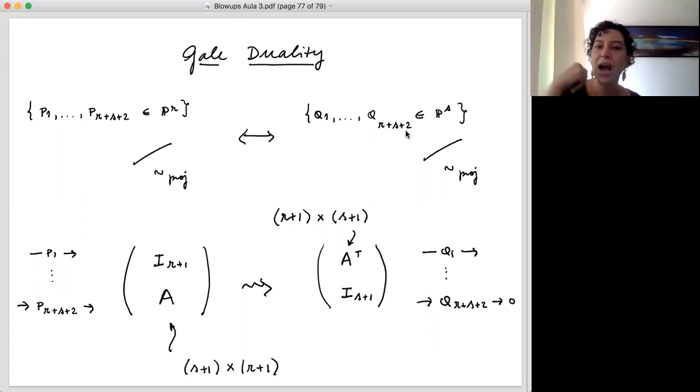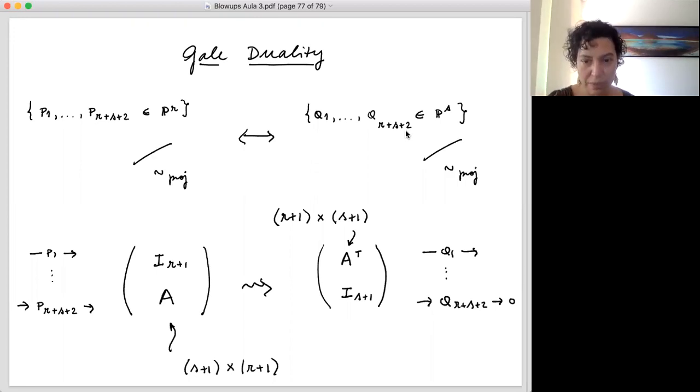And this is how this correspondence goes. So I take r+s+2 points in PR, and then I construct these new points now in PS. This works for any value of r and s, and this is what we call the Gale correspondence.